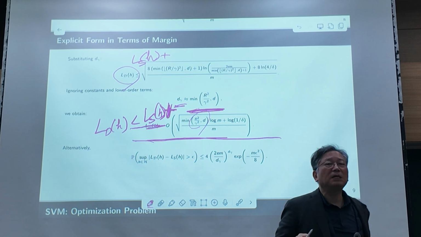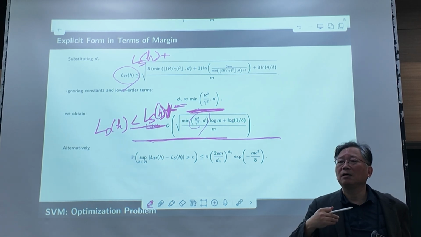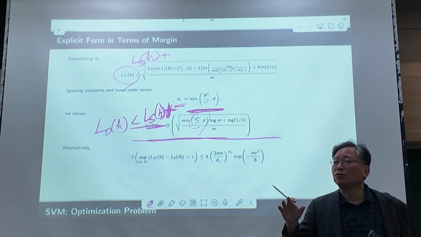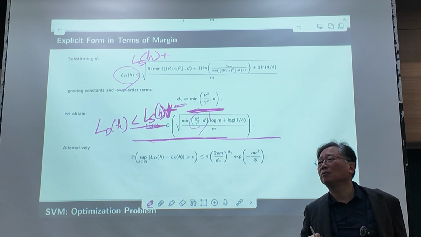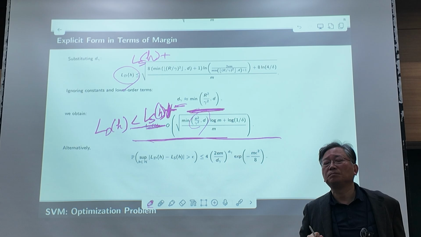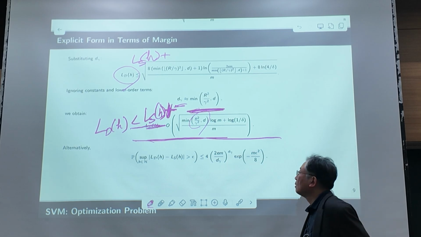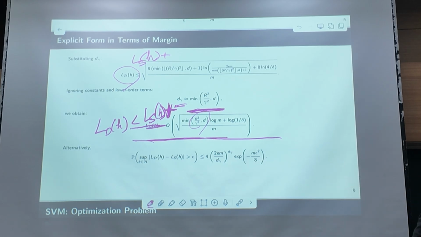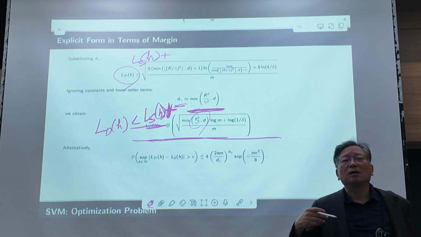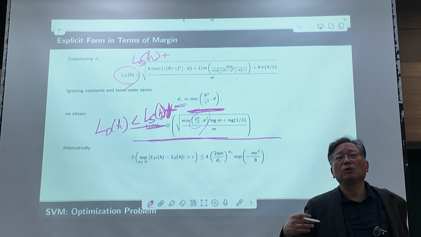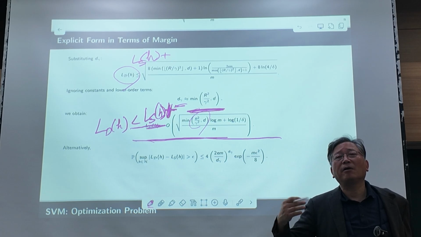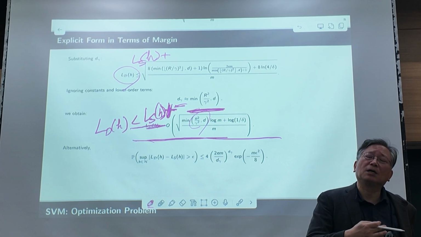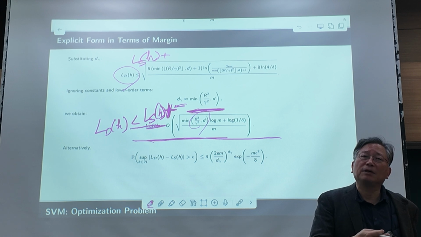Which means that the test error is bounded above by the training error and a small value. So what this is saying is that the error that we observe with the training set is going to be close to the test error.